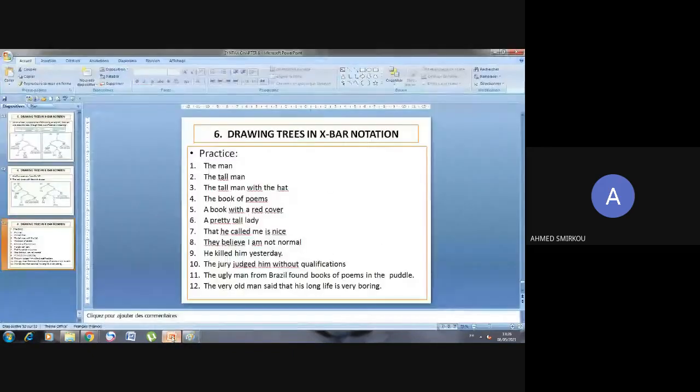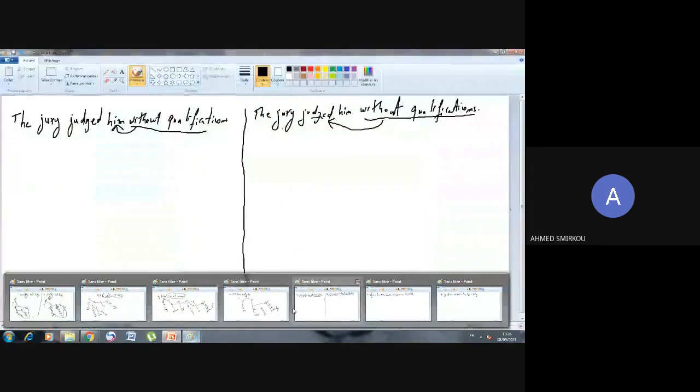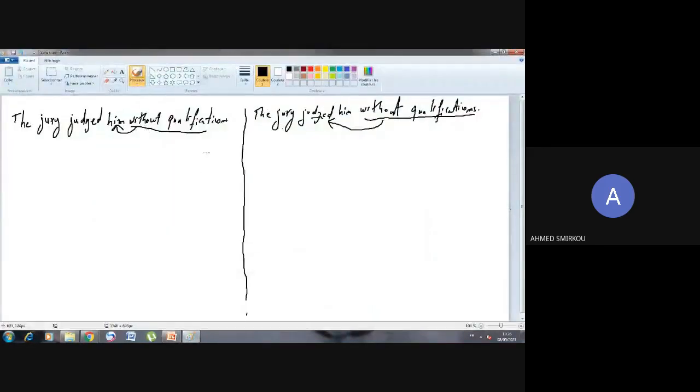Now we go to the jury judge him without qualifications. By the way, as I told you last time, this sentence is ambiguous. We don't know whether without qualifications refers to him, or to the verb judge. They judged without qualifications, or him without qualifications.